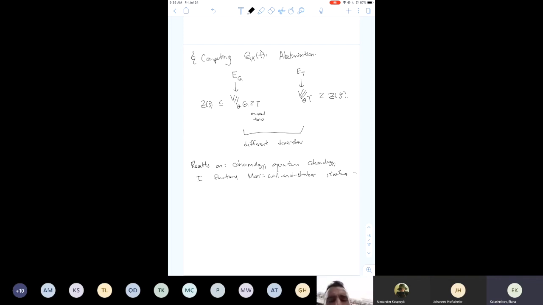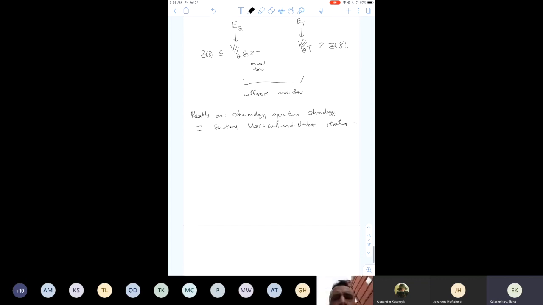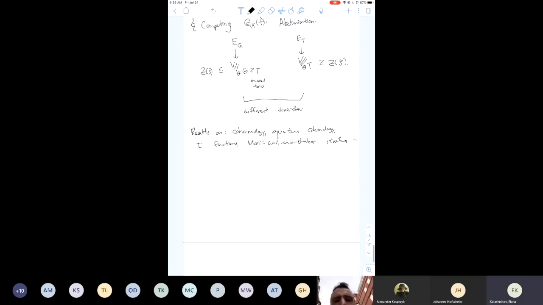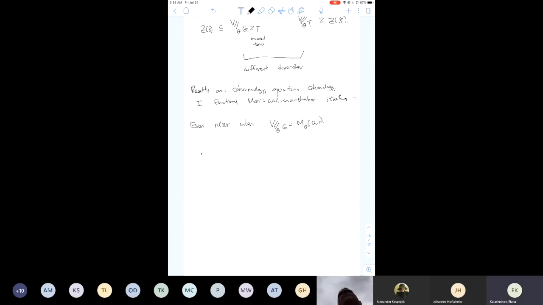The one that I want to mention here is for the I functions or the J functions, of which the quantum period is a specialization. But this abelianization is even nicer when your GIT quotient is a quiver flag variety, because then it plays quite nicely with the quiver combinatorics.